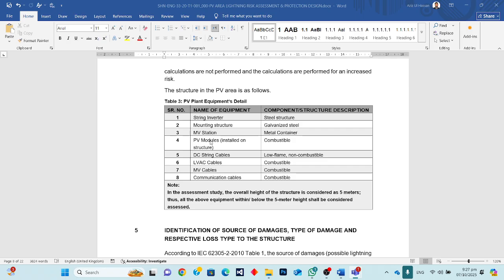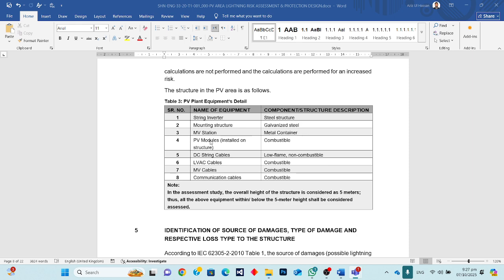If we consider the other lower limits, we have to assess all the other equipment on the higher side, which is not protected through this assessment. We have to consider another assessment for that specific equipment to install lightning protection on it.